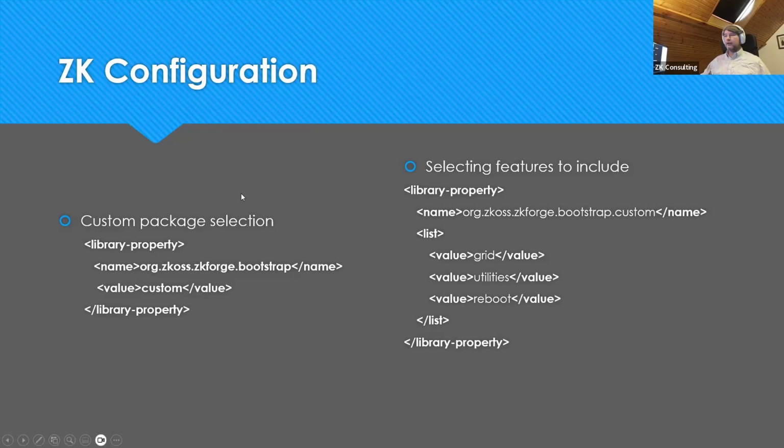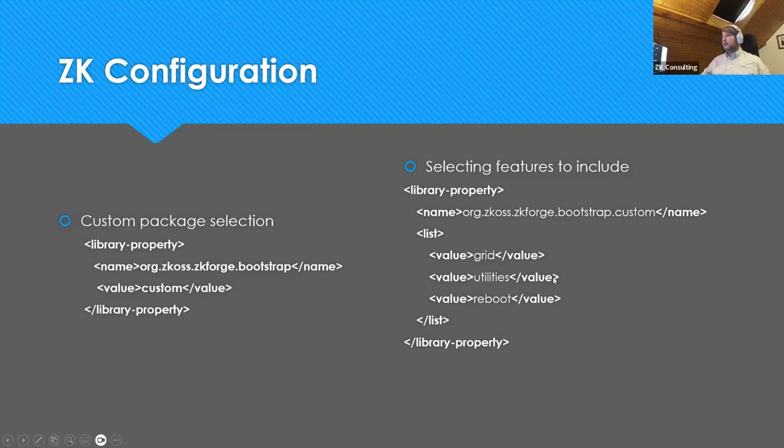The first way to configure it is by selecting which Bootstrap packages you're going to want to include into your page. By default, the Bootstrap jar comes with three utilities. The first one is the Bootstrap grid. You heard me talk already about the responsive grid and how Bootstrap comes with pre-built responsive sizes, columns, that kind of thing. This is all included in that package.